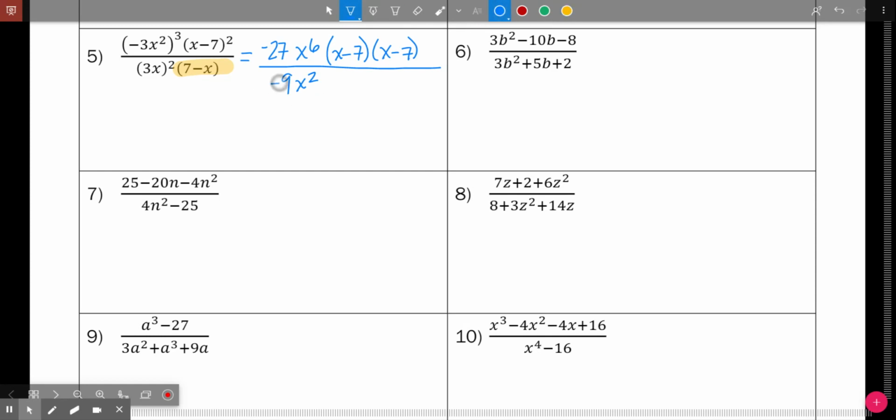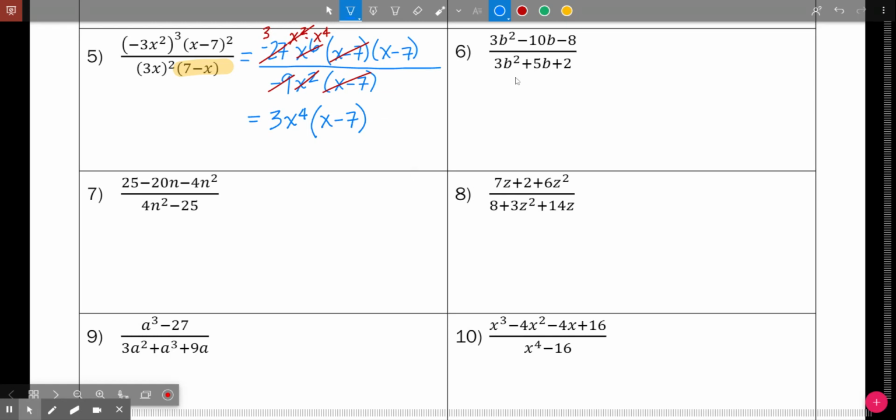So I have negative x minus 7. So I cancel out the terms that are the same on the top and the bottom. My x to the 6th can be written as x squared times x to the 4th. So x squared cancels. My negative 27 over negative 9 reduces to positive 3. So I have 3x to the 4th times x minus 7.